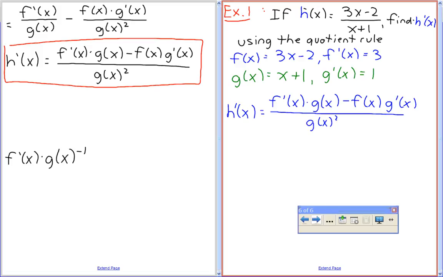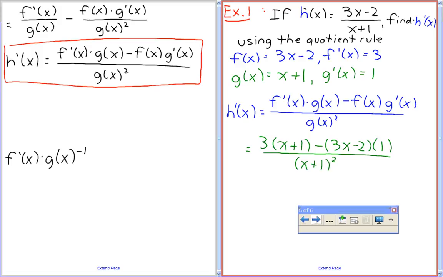All right, Robert, I want you to be brave and sub all these things into the equation for me, please. f prime of x is 3, and g of x is x plus 1, minus, brackets, 3x minus 2, times 1, all over x plus 1 squared.